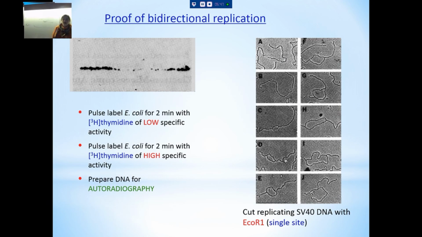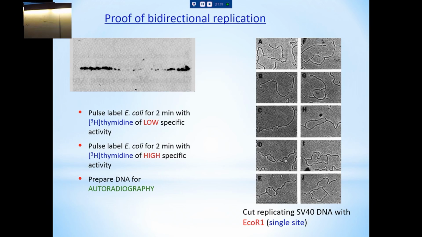Okay? So there was another way in which bidirectional replication was proved, and this was using a piece of viral DNA. So the virus SV40 has an origin of replication on the DNA molecule.